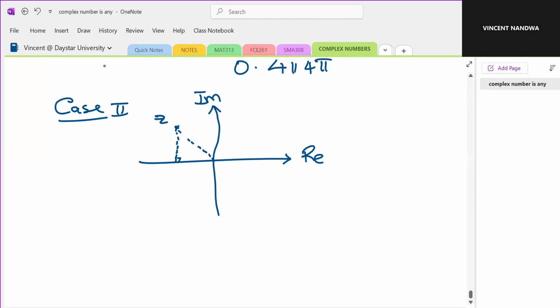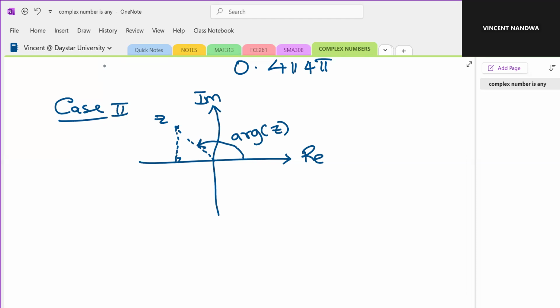Remember that argument of Z is measured from the positive real axis to where the angle is formed in this plane.